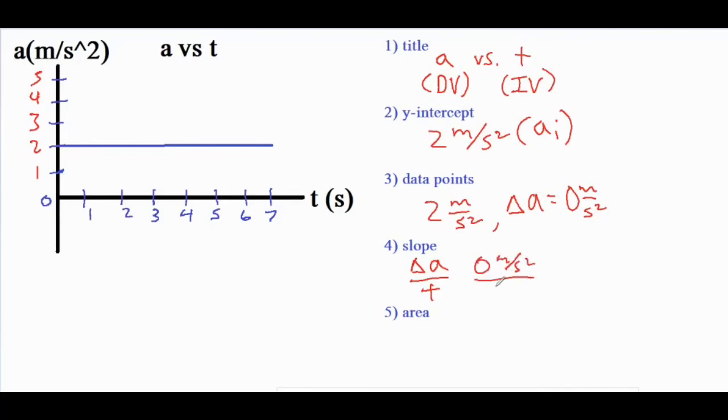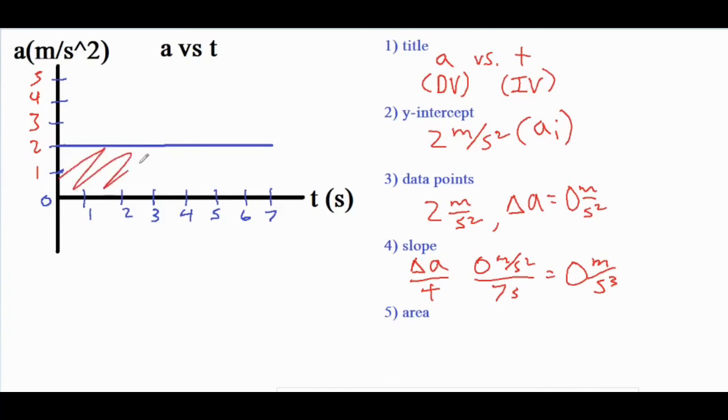So it'd be 0 divided by that 7 seconds, which would give you 0 meters per second cubed, because it's how many meters per second squared have changed per second.